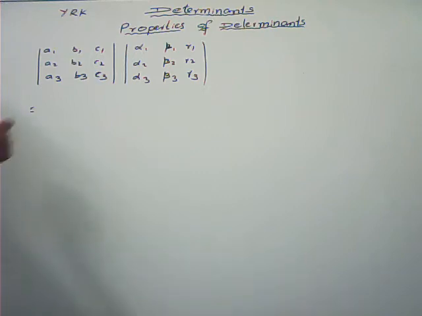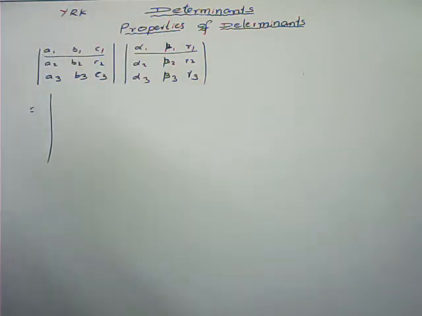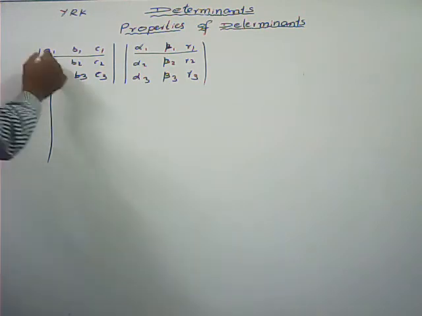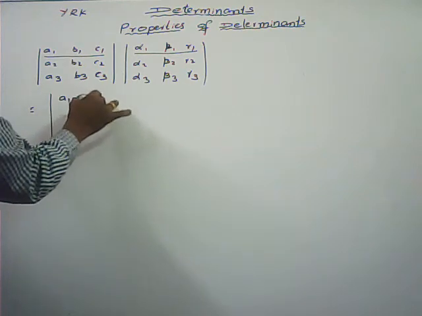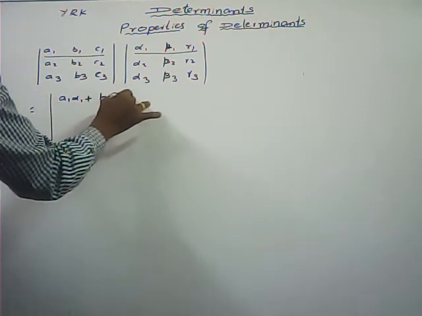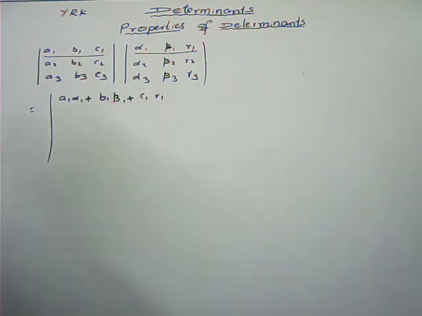Here what I am doing in general, first row wise I am multiplying these two determinants. First element into first element, A1 alpha 1 plus B1 beta 1 plus C1 gamma 1.